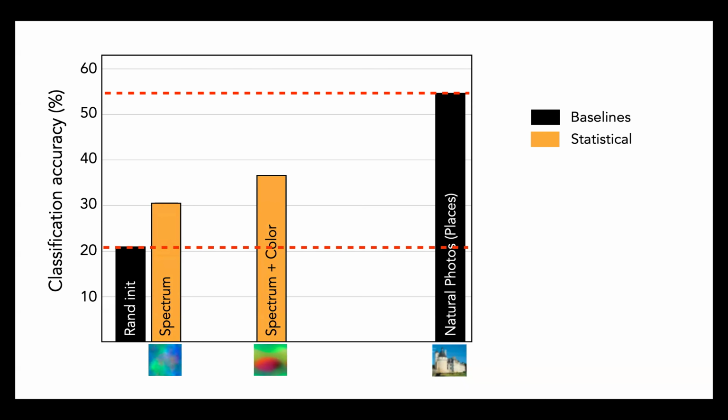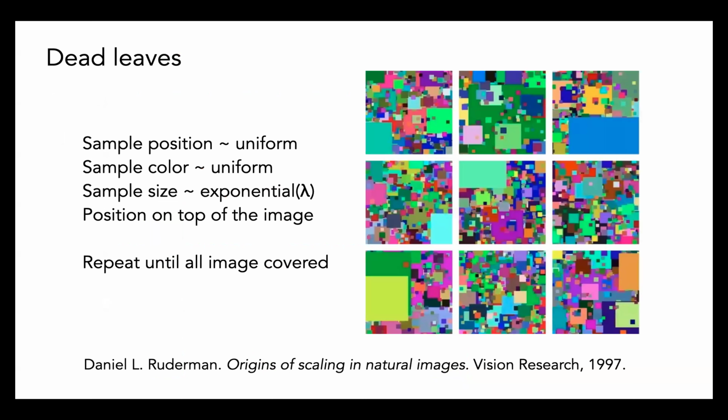I'm not going into the detail of each of these methods. The next big one that we looked at is the dead leaves process, another simple model of how the visual world works. Again, you can write this in a few equations or maybe a few lines of Python. The way it works is you just splat down squares or rectangles and overlap them. It's supposed to capture the fact that the world consists of overlapping leaves or occluders that layer on the ground.